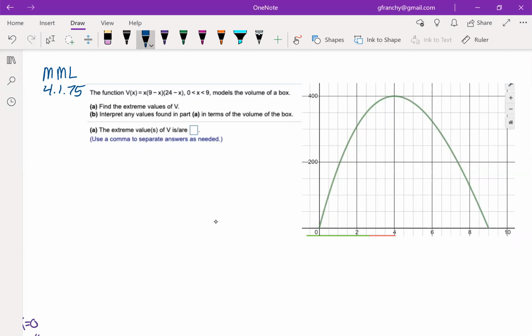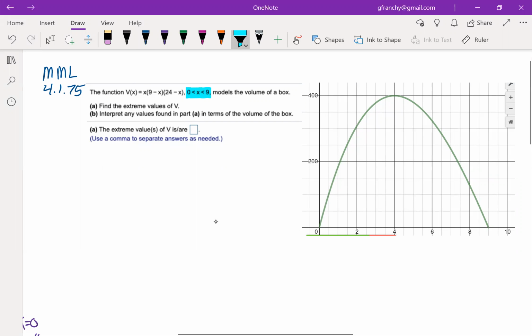So a couple quick notes here. One, once again, I did go ahead and graph this in Desmos, and I did graph it over its stated domain there. And what we can see is, since it is open at the endpoints, we're not going to have an extreme value at the endpoint, but what we do see is we do have a maximum there.